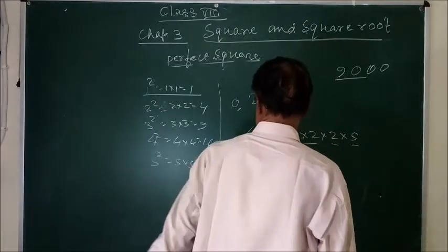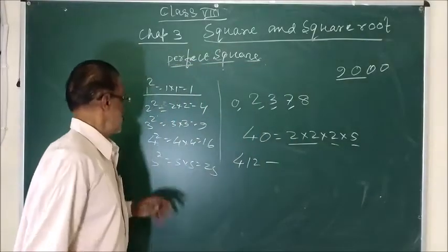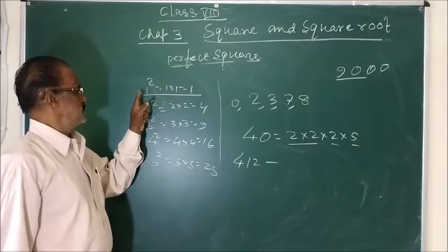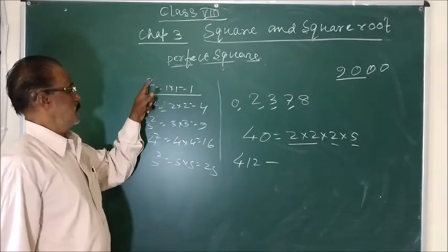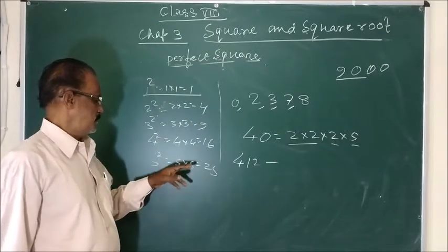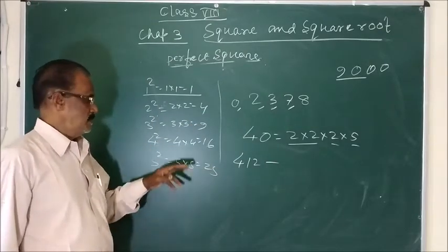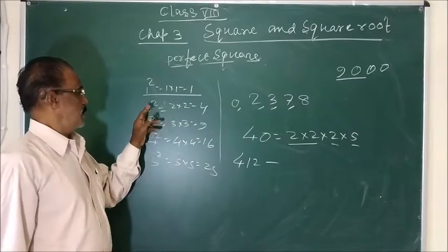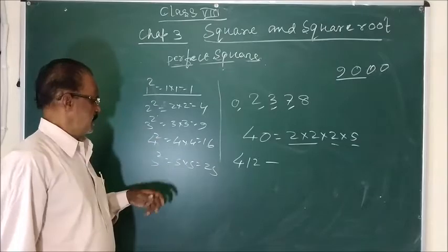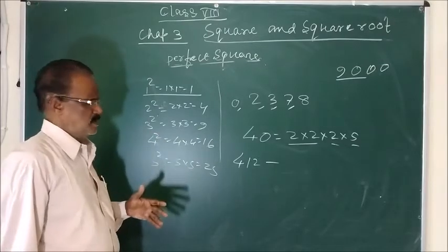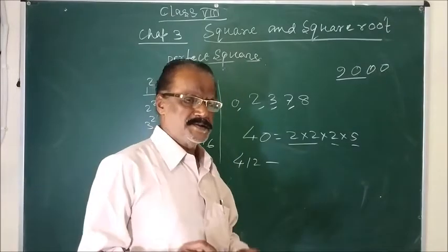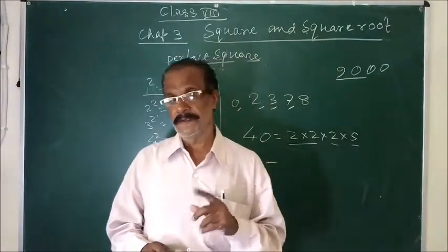So these are the rules, and here we have seen that the square of an odd number is an odd number. 1 square, 1; 3 square, 9; 5 square, 5 into 5, 25. And the square of 2 is 4, the square of 4 is 16. Many examples you can see. So these are the points you should learn and understand, and then you can solve the questions.